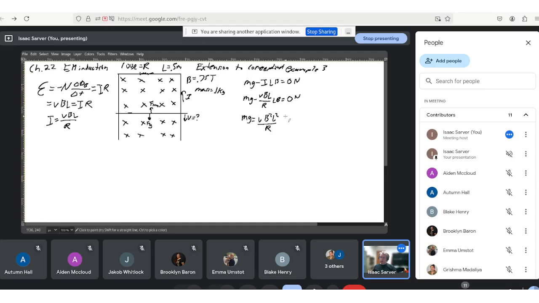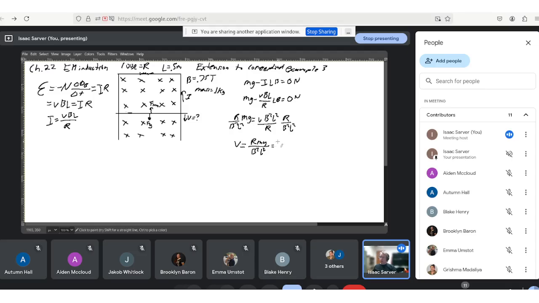Multiply by R on B squared L squared. So now I have that the velocity of this bar that's falling down is equal to R mg divided by B squared L squared.